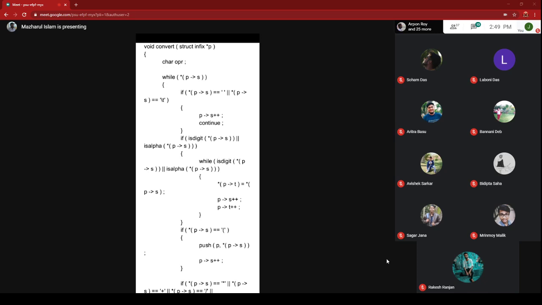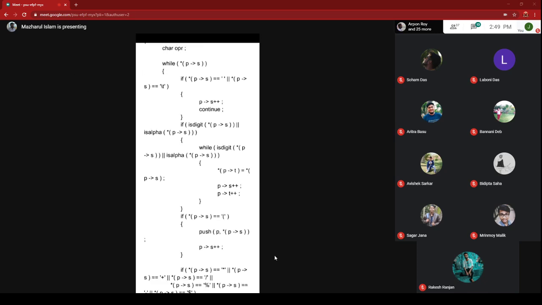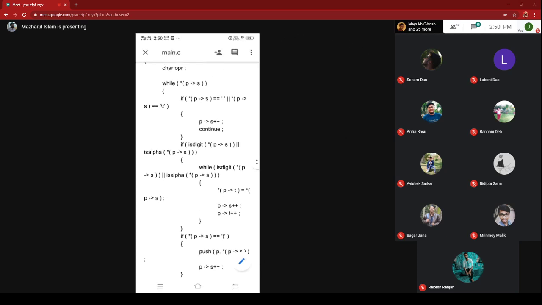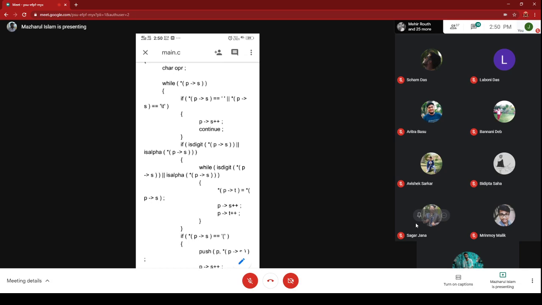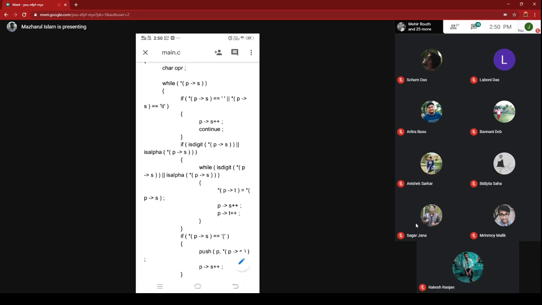After knowing it is a digit or alphanumeric, within the while loop you are iterating and checking whether it is again a digit or alphanumeric, then you are assigning this character to the temporary alphanumeric character or digit.